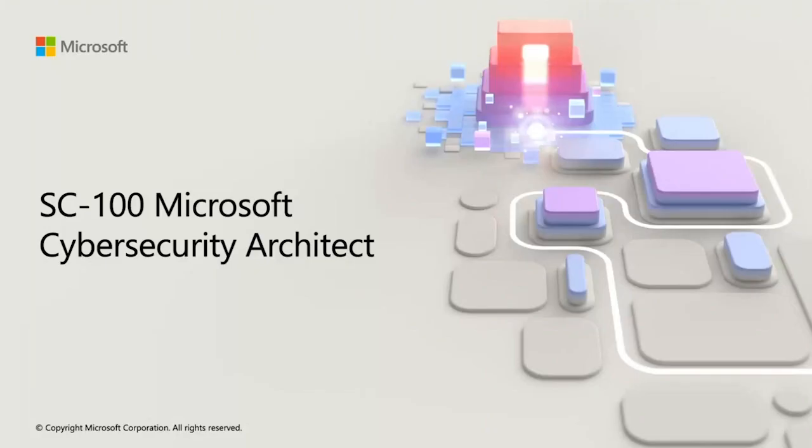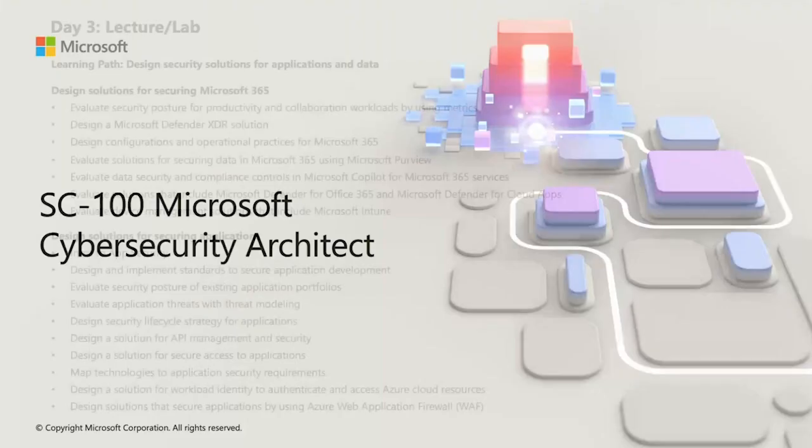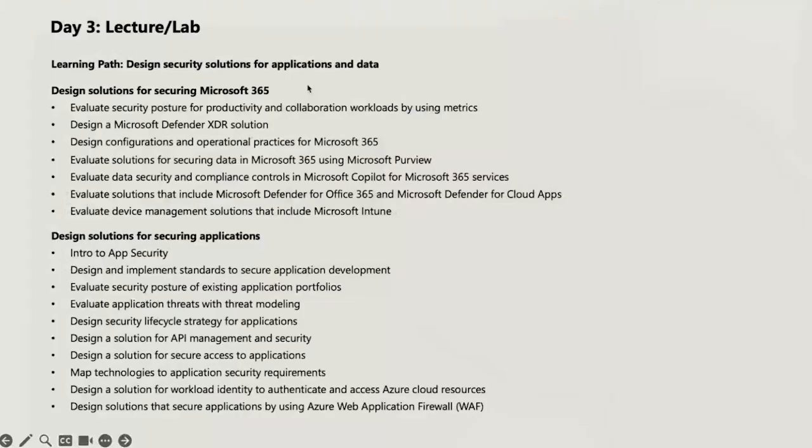So let's see what we have in today's agenda. Before starting with day 4, let's see what we have covered in day 3, a quick recap of what we have completed. In day 3, we completed discussions on design solutions for securing Microsoft 365.